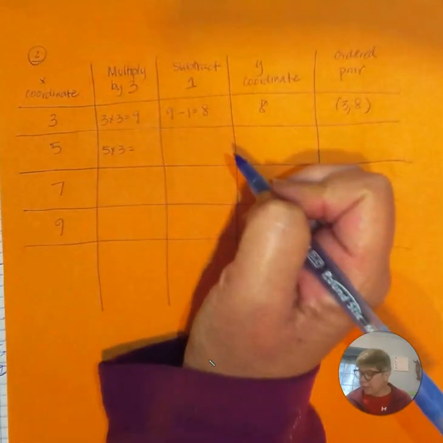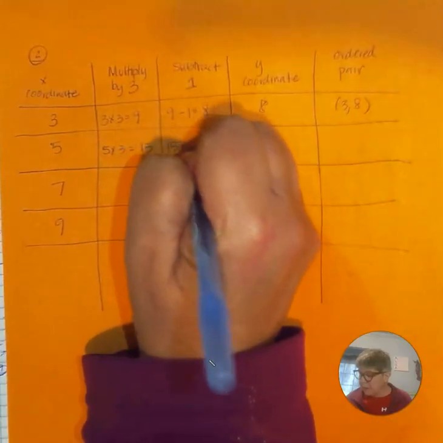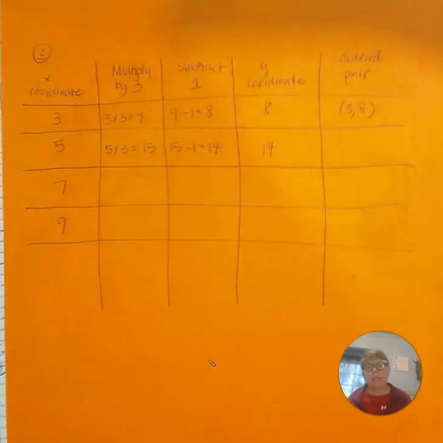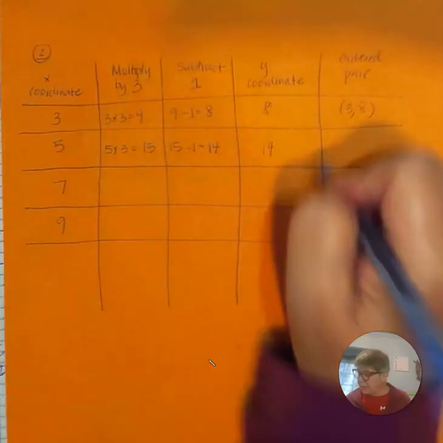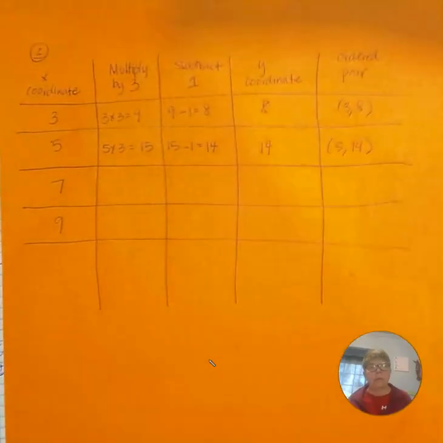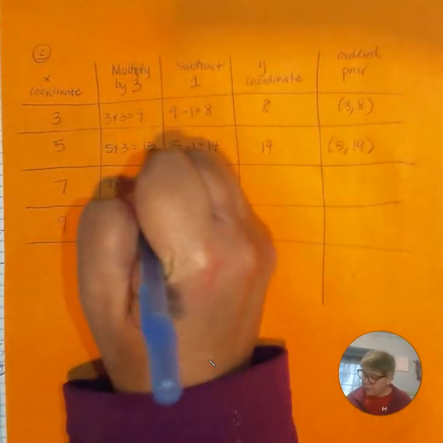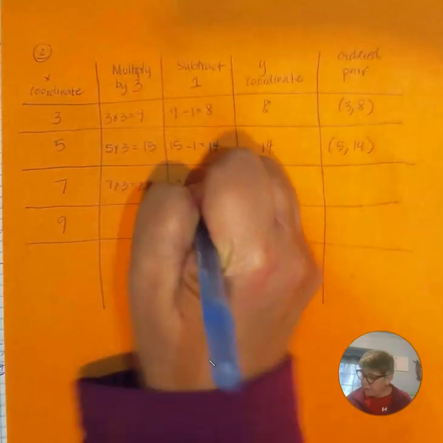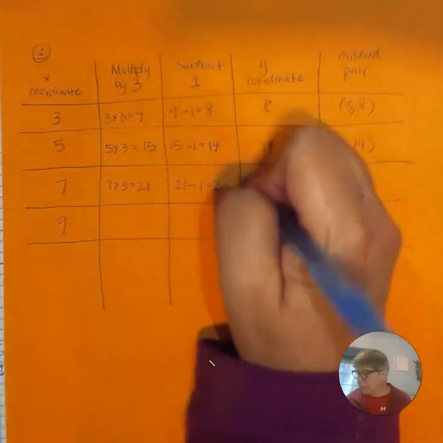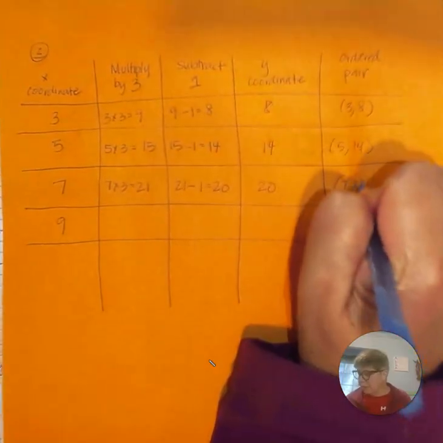5 times 3 is 15. 15 minus 1 is 14, so our y-coordinate is 14, and our ordered pair is 5, 14. All right, then 7 times 3 is 21. 21 minus 1 is 20, so our y-coordinate is 20, so our ordered pair is 7, 20.